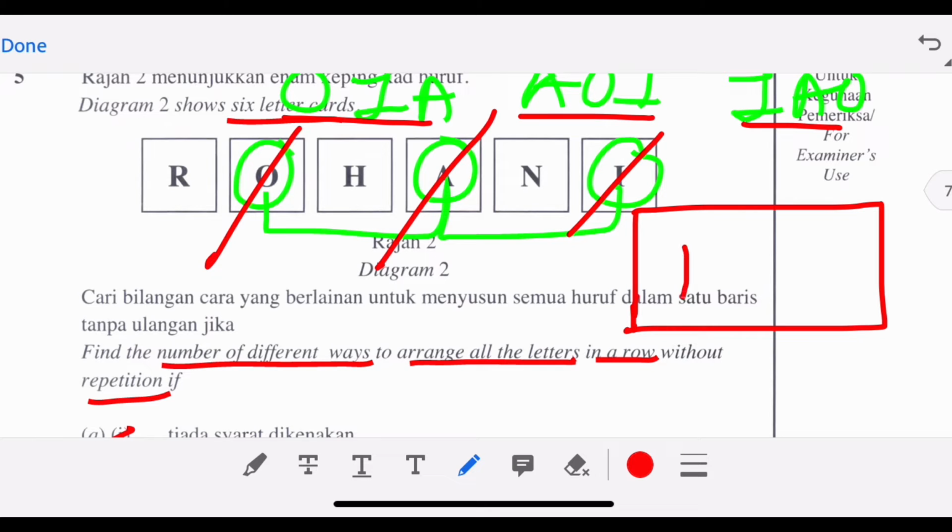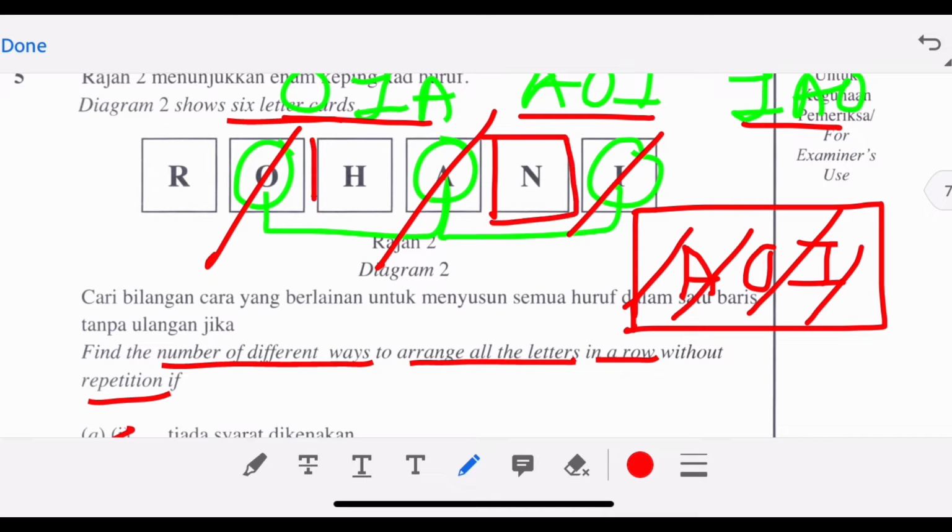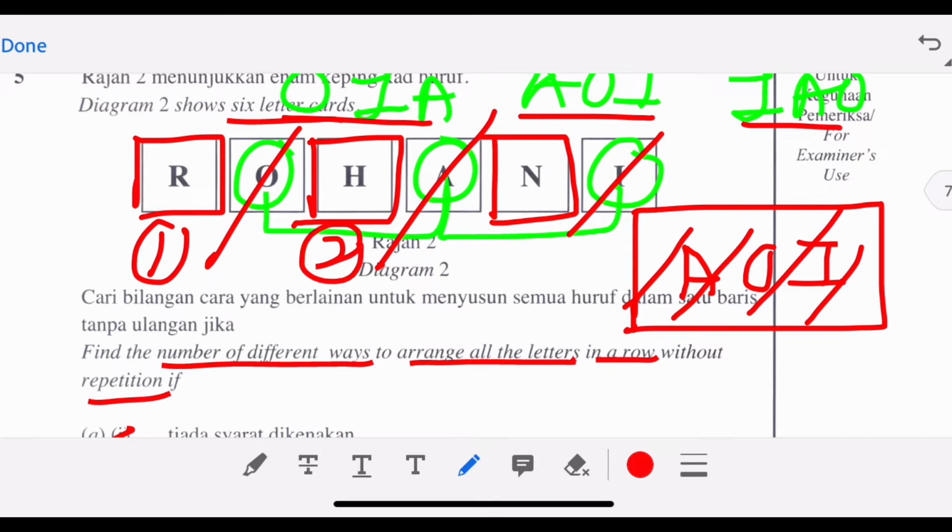Inside the box, we dump the A, the O, and the I. Then we seal the box. After that, we will arrange the box with the balance of the letters which are not vowels: R, H, N.